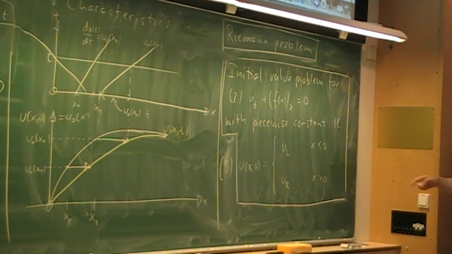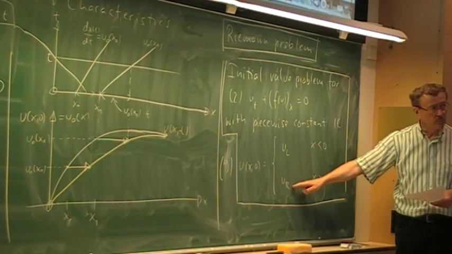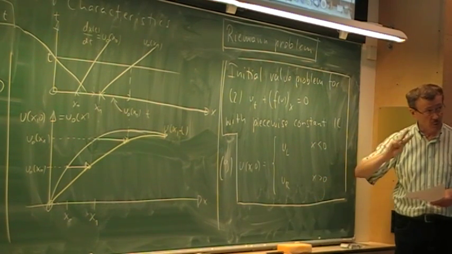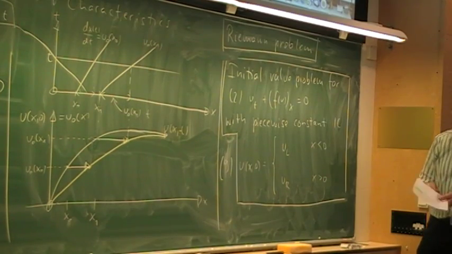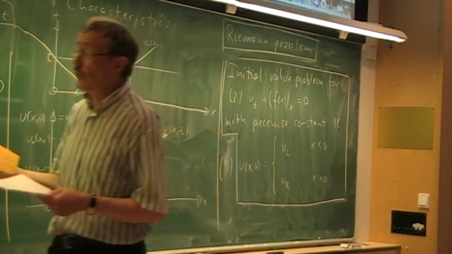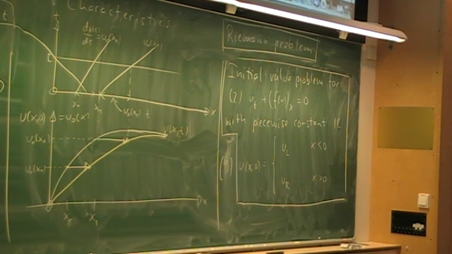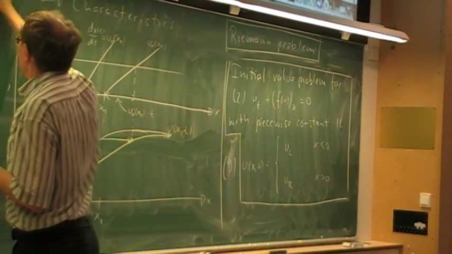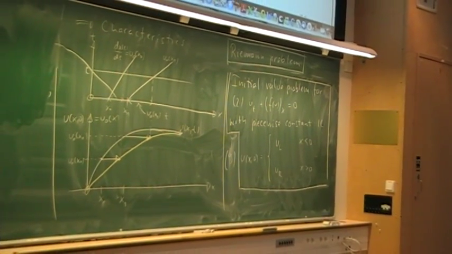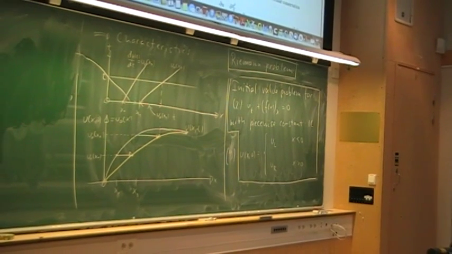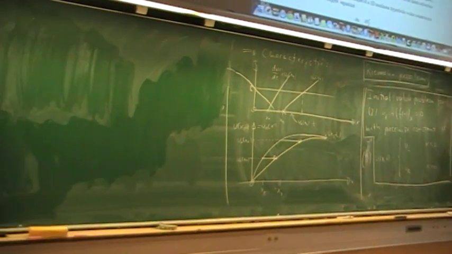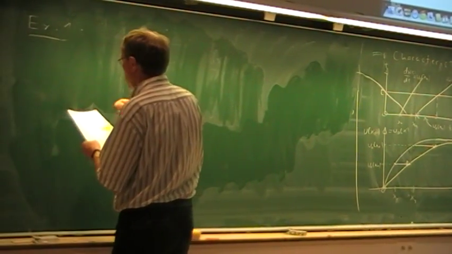The interesting thing is when ul is larger than ur, and that is one case, and the other case when ul is smaller than ur. These two cases are the ones that we shall look at, and for those cases we have in fact exact solutions that we can derive and that we know. We'll do that next time, but I already give them here.